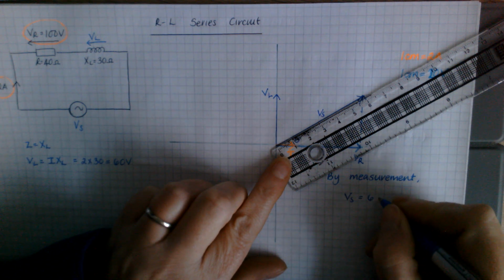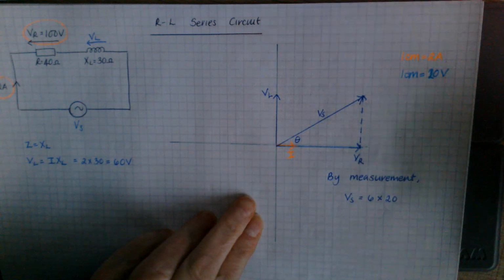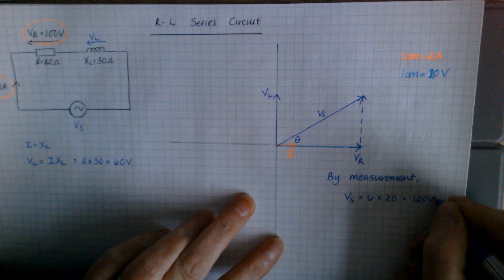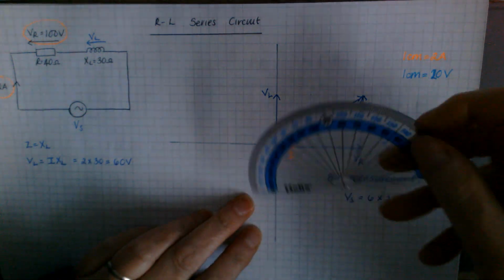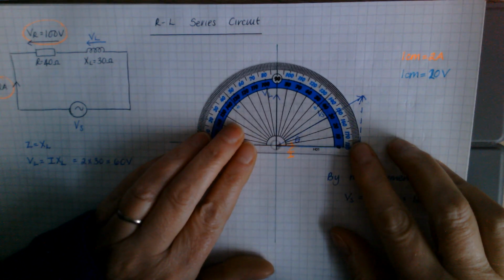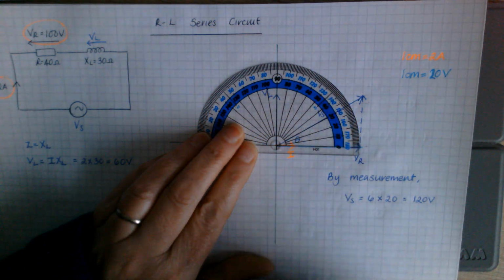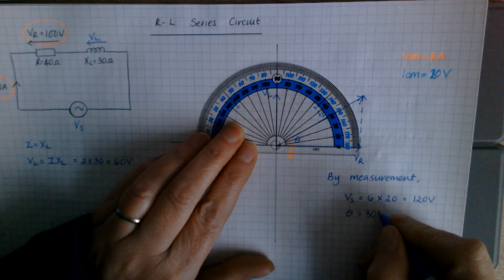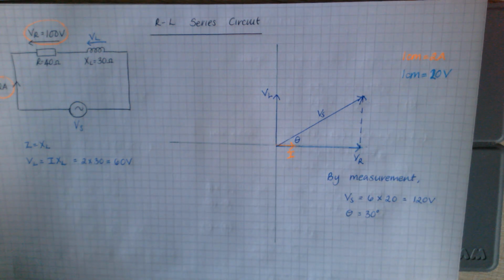So 6 centimetres, and each one is 20, so 120 volts. And my circuit phase angle, measured with my protractor, centre that on my phasor diagram, and it pretty much looks as if it's right on 30 degrees. So my circuit phase angle, 30 degrees. That's my phasor diagram done.